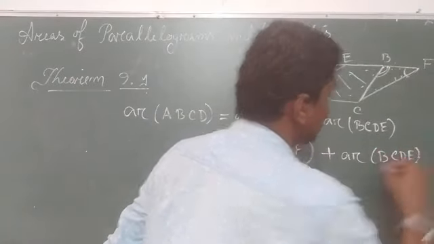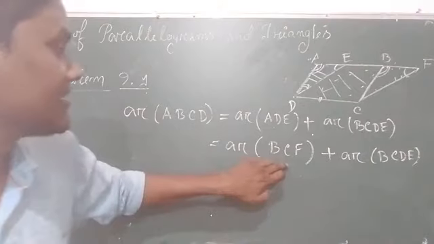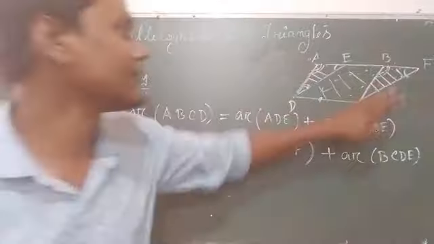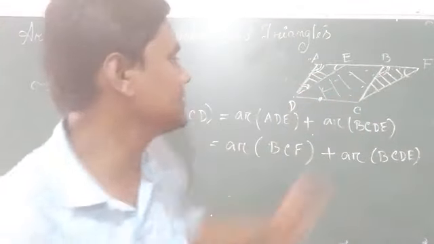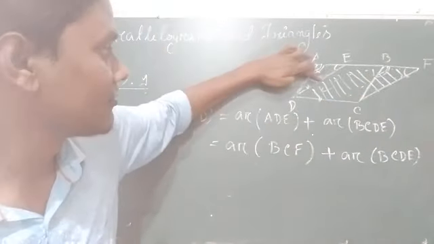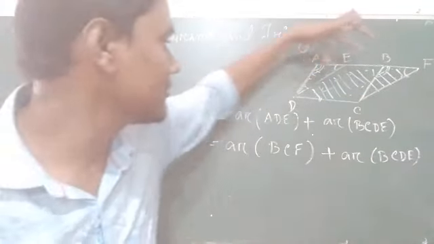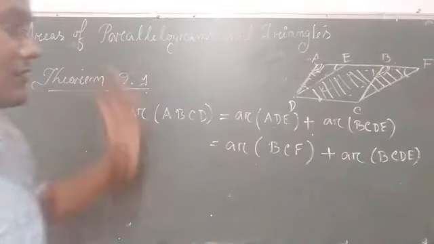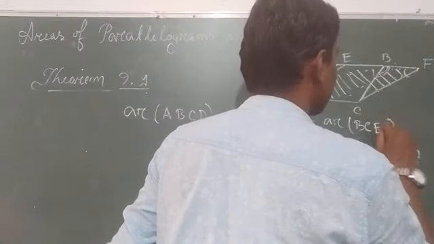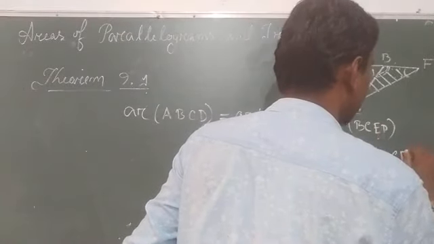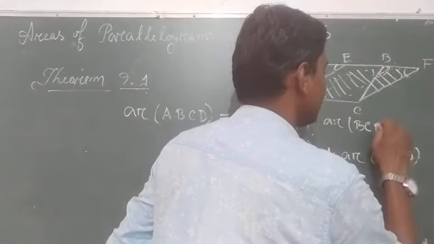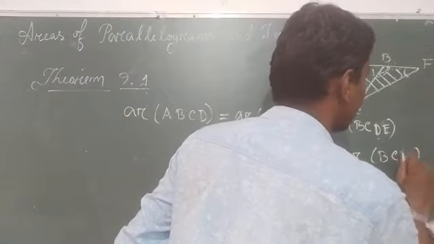Now you see here, where is BCF? BCF means this particular part. Along with BCF, if I add BCDE, then what will I get?